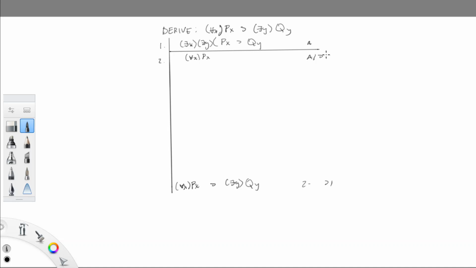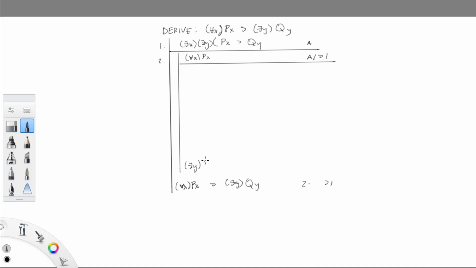Assume for conditional introduction. At the bottom of that subderivation will be the consequent of the conditional that we're after.